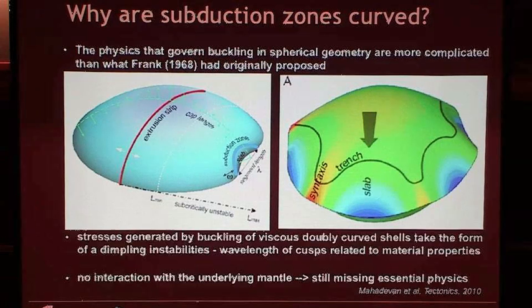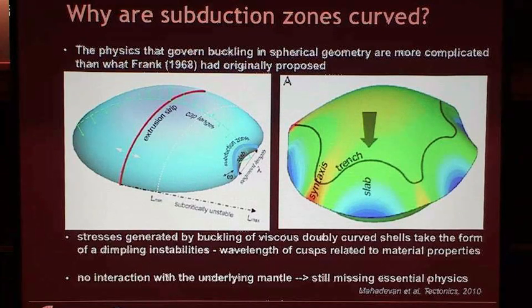And why is that? It's because of these bending stresses. This is a dimpling instability based on the material properties of the slab. It's subducting into sort of free space. There's no coupling or interaction with the underlying mantle, so the toroidal flow is not interacting with the slab edge, and that's the essential physics that's missing from this.